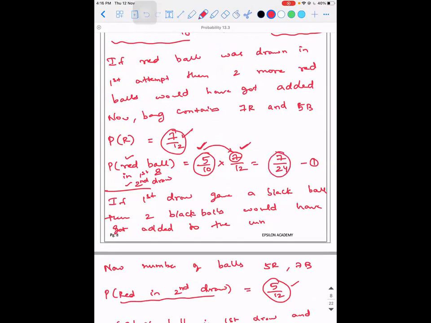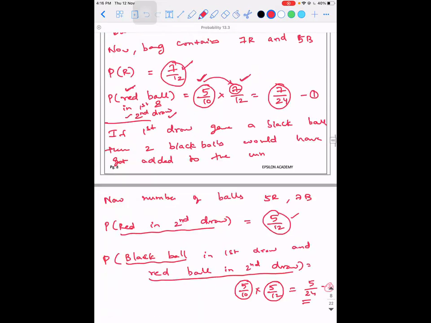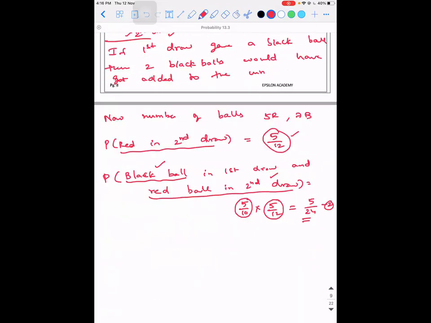So in the overall process, what could have happened is you could have got a red ball in the first draw and a red ball in the second draw, or you could have got a black ball in the first draw and a red ball in the second draw. So what is the total probability?